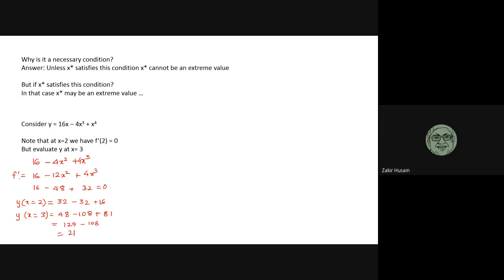Okay, so we can see that f prime is equal to 0 at x equal to 2.